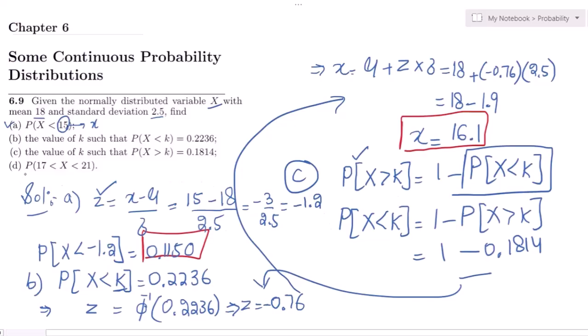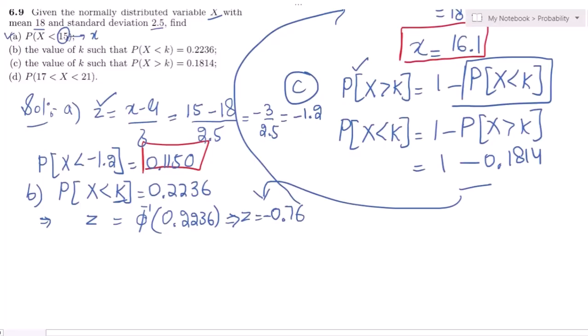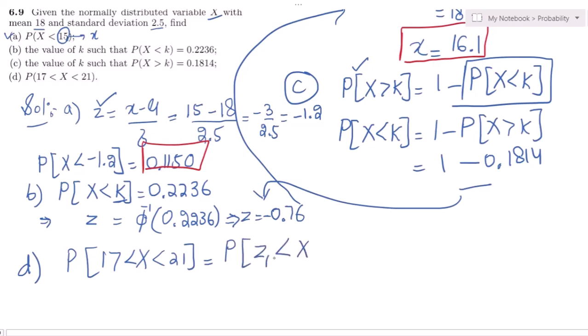In part D, you have to find the probability that x is greater than 17 and less than 21. So let me move down somehow. Here this is part D. We need to find it in terms of the probability that x is greater than z1 and less than z2. These are the two values of z.